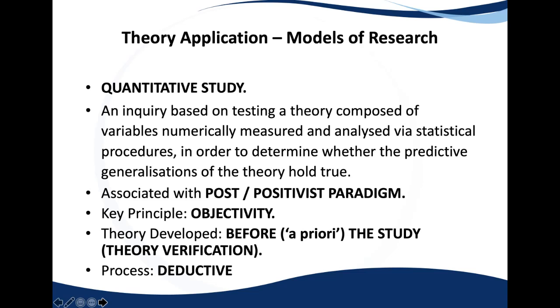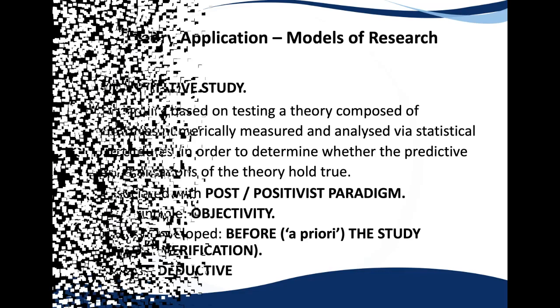So rather than people understanding something and then making sense of it, with this, you already have a pre-existing understanding of it, and the findings that you have allow you to deduce new things, hence the deductive process explanation.